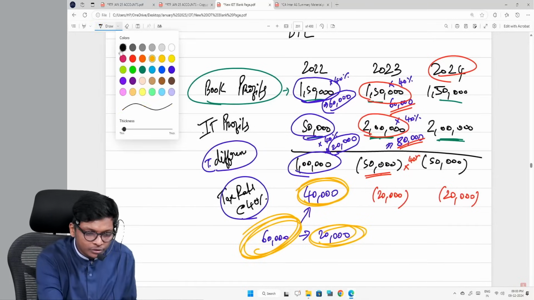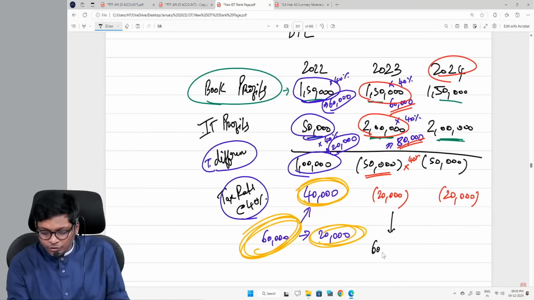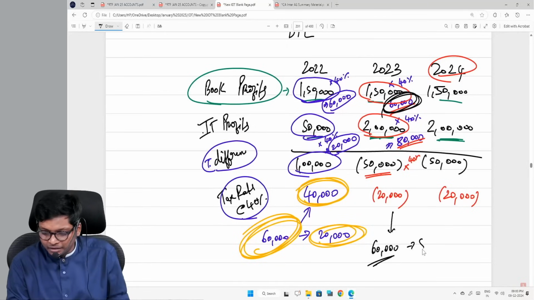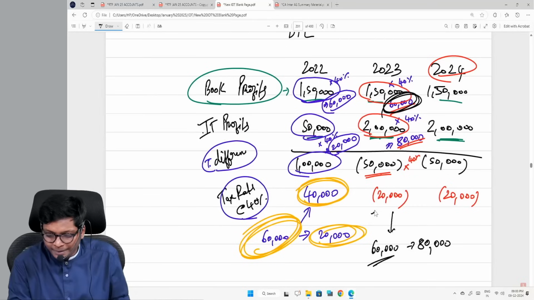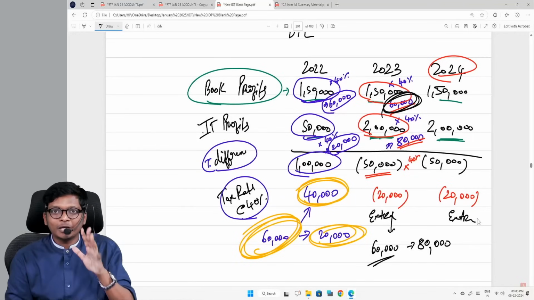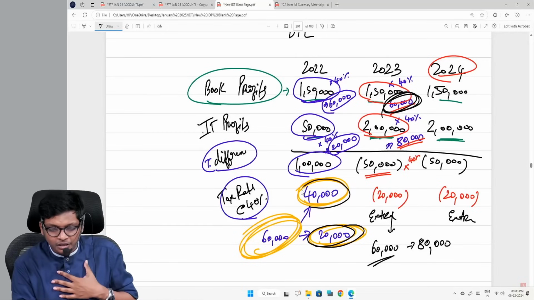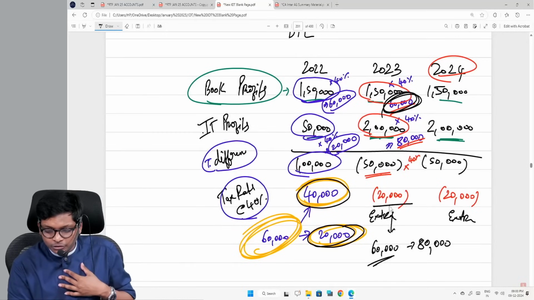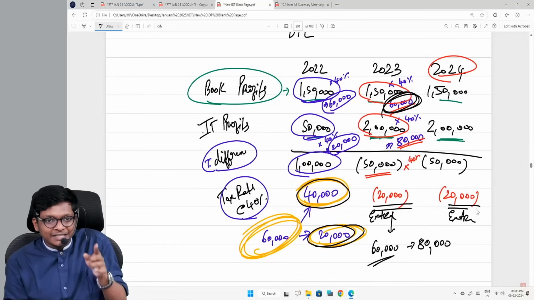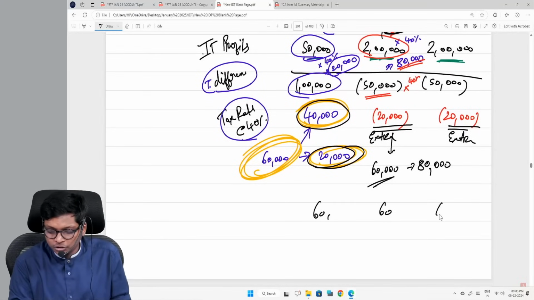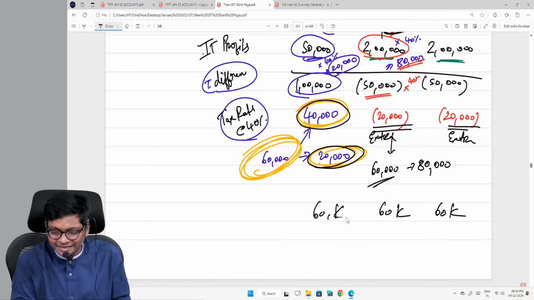But if you go to the next year, where I should have paid 60,000 tax, you ended up paying 80,000, you paid extra 20,000 in the next 2 years. So this year by paying 20,000 you saved 40, but in the next 2 years you paid extra 20, extra 20. So effectively, as per books, all the 3 years is 60k, 60k, 60k.